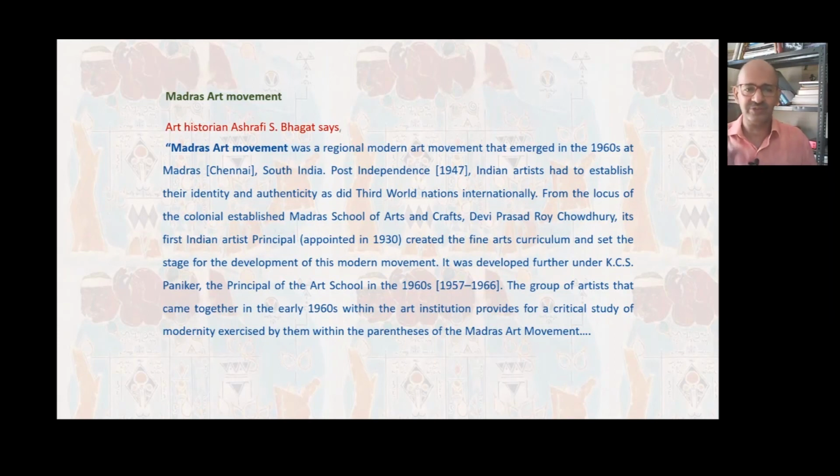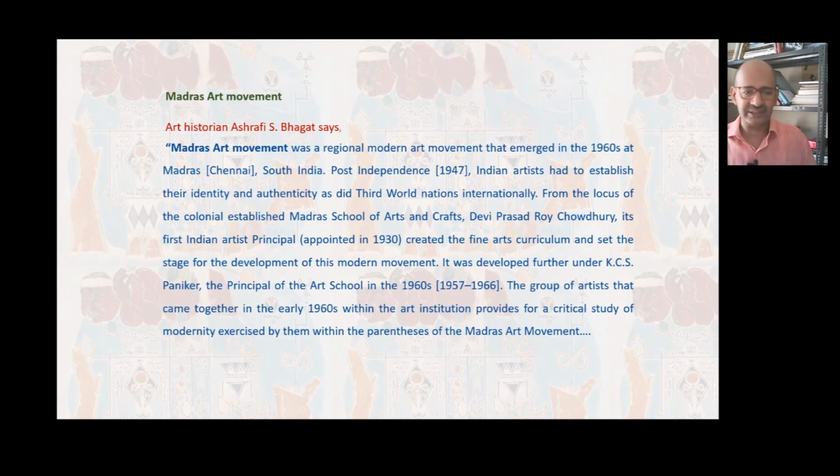So from the locus of the colonial established Madras School of Arts and Crafts, Devi Prasad Rai Chaudhary, its first Indian artist principal, created the fine arts curriculum and set the stage for the development of this modern movement. It was developed further under KCS Panikkar, the principal of the Madras Art School in the 1960s.